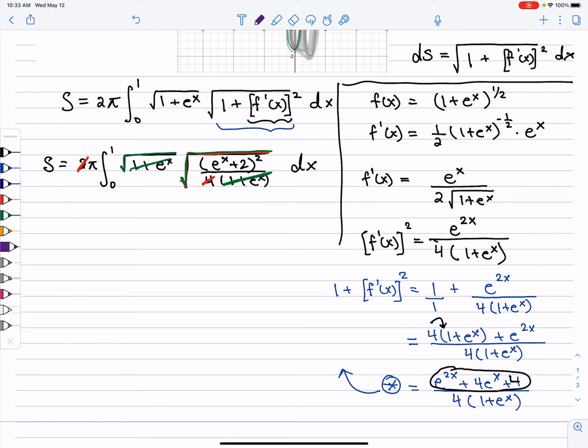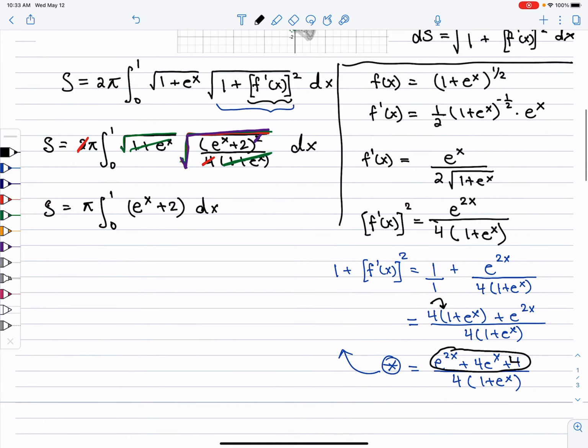And then last thing, the square root and the square will simplify. So our answer is going to be s is equal to pi, the integral from 0 to 1 of e to the x plus 2 dx. So let's integrate and see where that takes us.